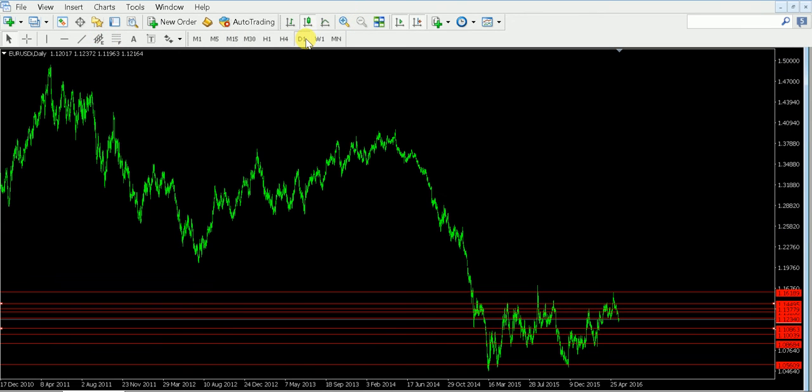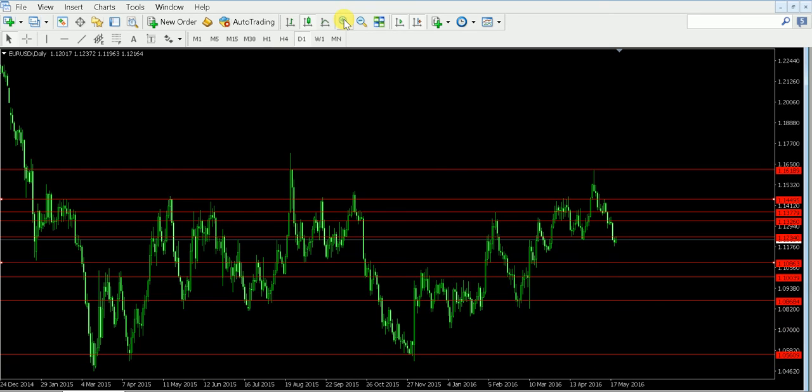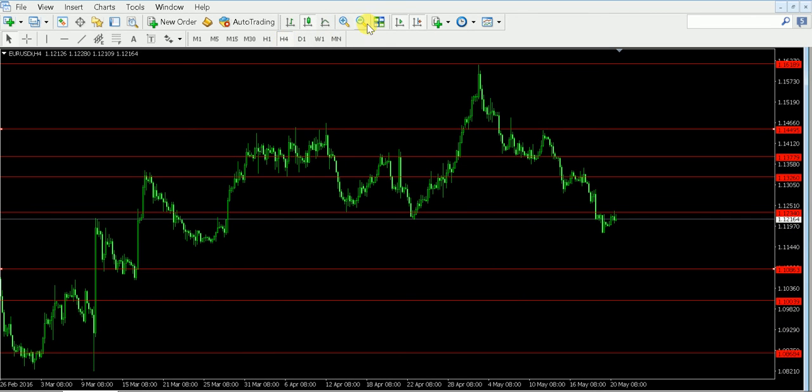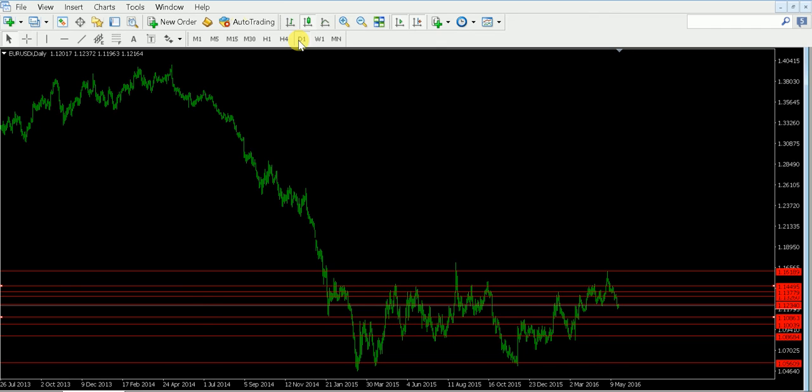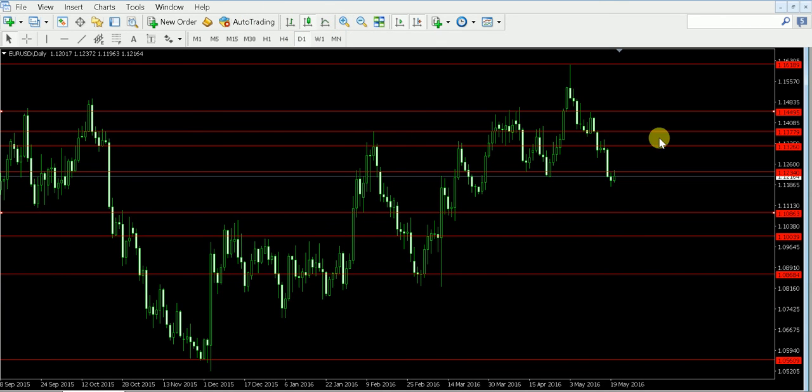Now we're basically just trading off the day chart. For each time frame where you draw these support and resistance lines, you'll be looking for your entry on two to three time frames smaller. So here we draw these support and resistance lines on the daily chart, right?